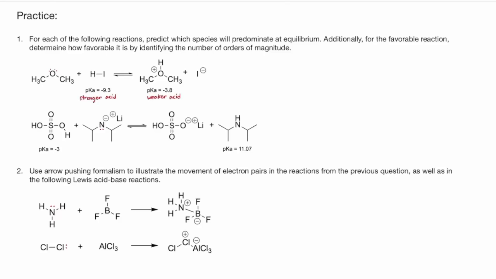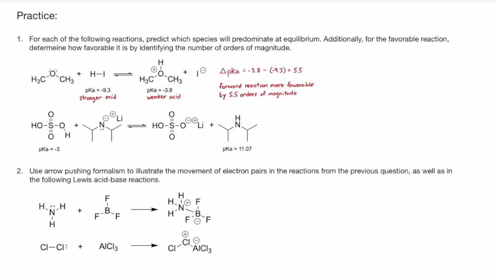Considering the molecule's pKa values as an indicator of proton affinity, we can see that the HO bond formed in protonated dimethyl ether is stronger than the HI bond broken in hydrogen iodide. Because acid-base reactions favor the formation of the acid with the higher pKa value, we can predict that the forward reaction is more favorable, specifically by 5.5 orders of magnitude.